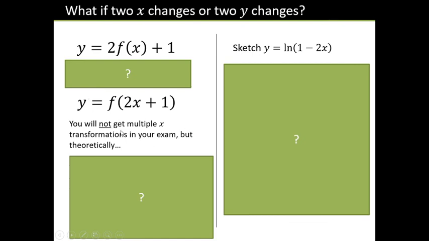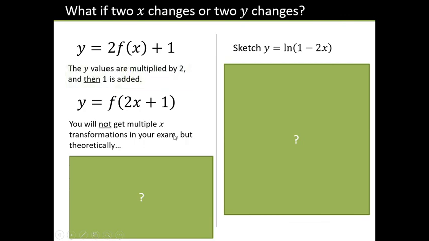What if 2 x changes or 2 y changes? The y values are multiplied by 2 and then 1 is added. That is what happens if we've got 2 f of x plus 1. How about if we have 2x plus 1 inside the function though?